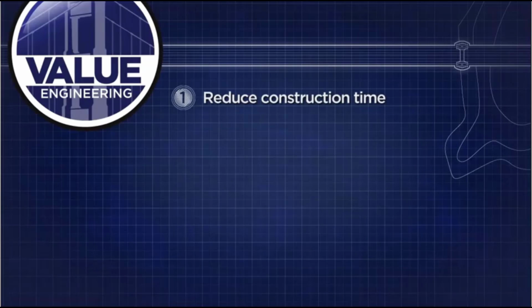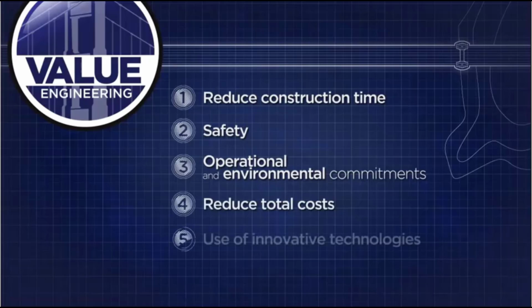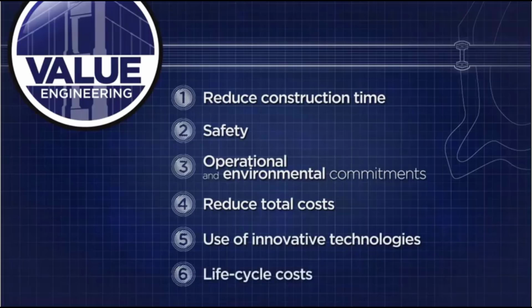It considers all project objectives, such as safety, operational, and environmental commitments, while trying to reduce total ownership costs. Recommendations may suggest using innovative technologies that improve the finished quality and should consider long-term or life-cycle costs.